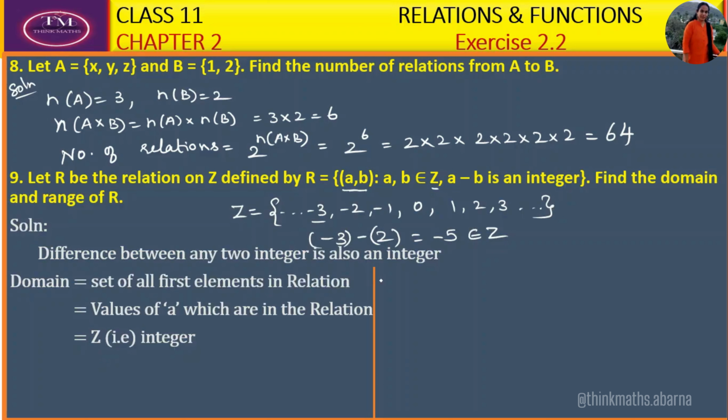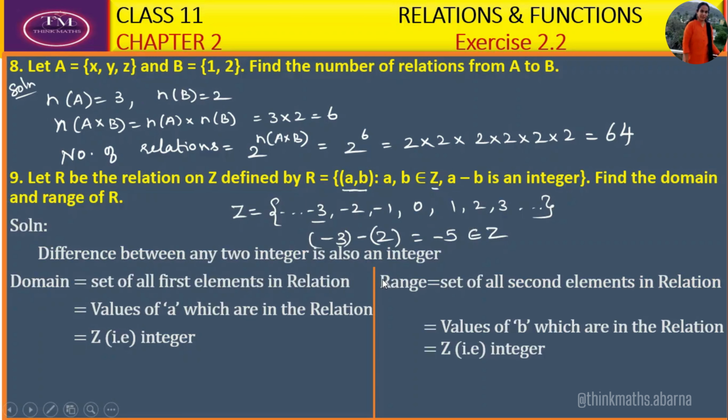Okay. So in the same way we have to write range. So what is range? Set of all second elements in relation. Who is that? It is B. So values of B which are in the relation. Here B belongs to Z. So integers. So all integers will satisfy this condition. So range will be values of B which are in the relation.